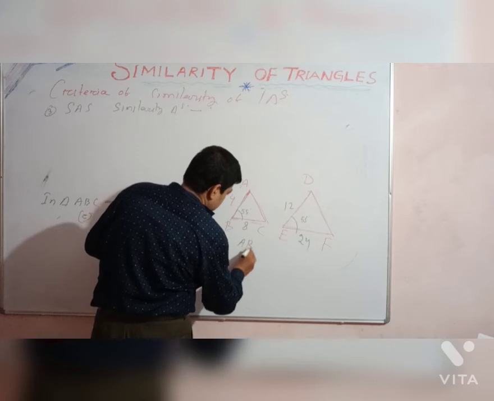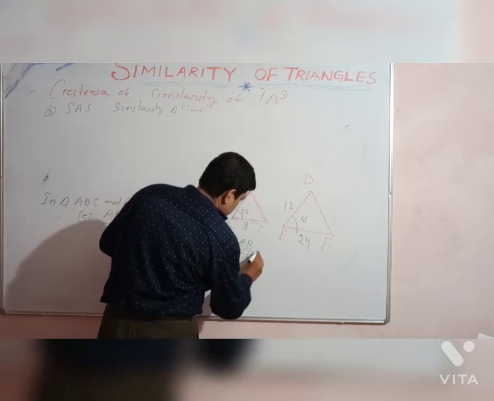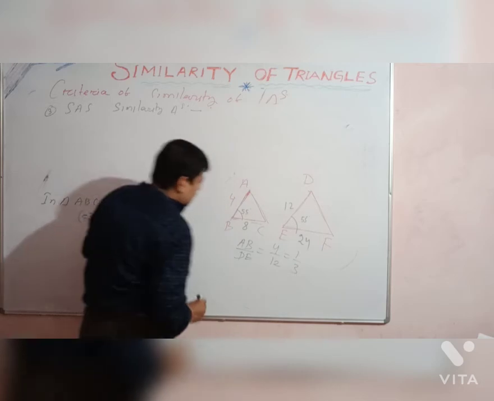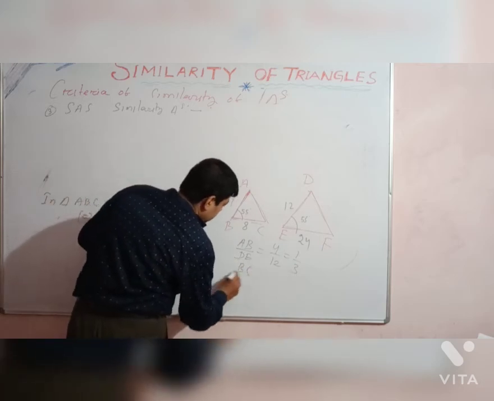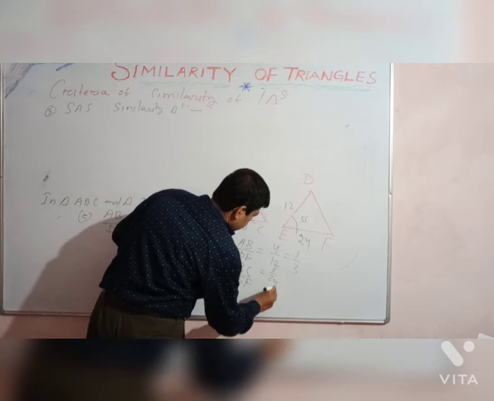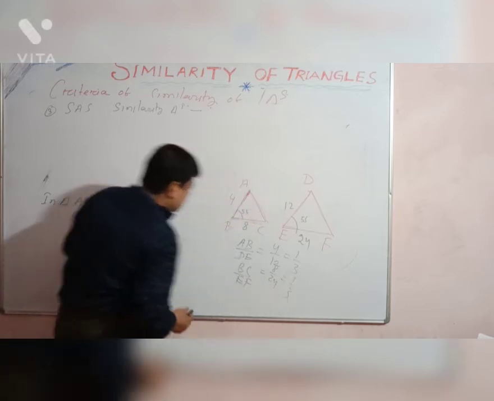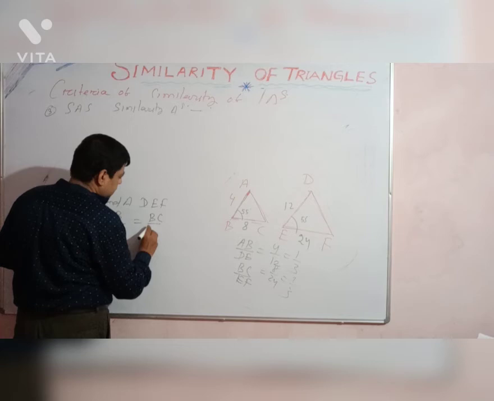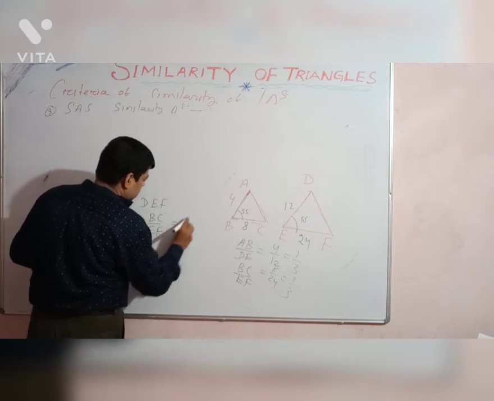Look here, AB upon DE how much? 4 upon 12 is 1 upon 3. Again, BC upon EF is equal to 8 upon 24, which is also 1 upon 3. It means AB by DE is equal to BC upon EF is equal to 1 by 3.